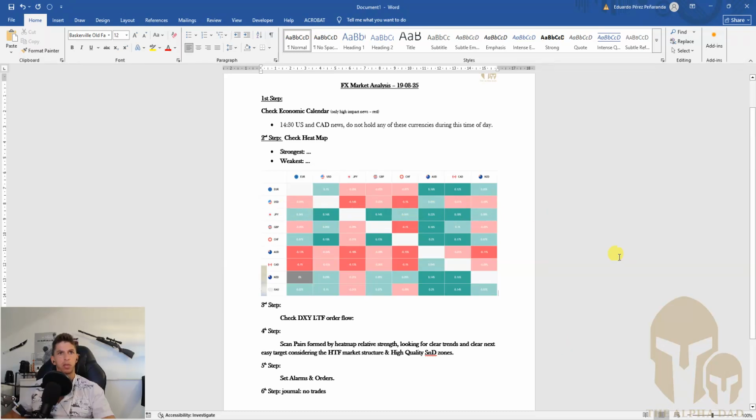JPY is green all across the board. NZD is red against JPY only, so the strongest would be JPY followed by NZD. Both Asian session currencies. And then we have AUD fully red and USD. Okay, AUD and USD.